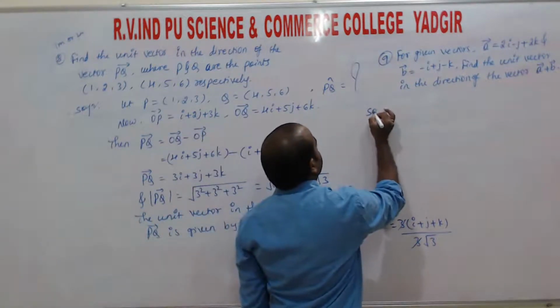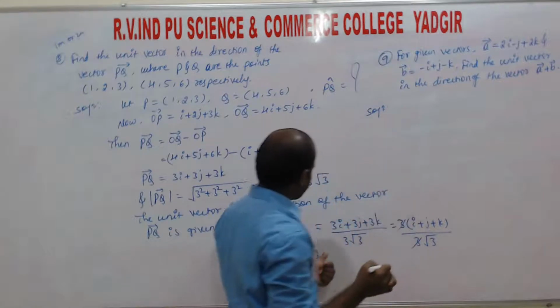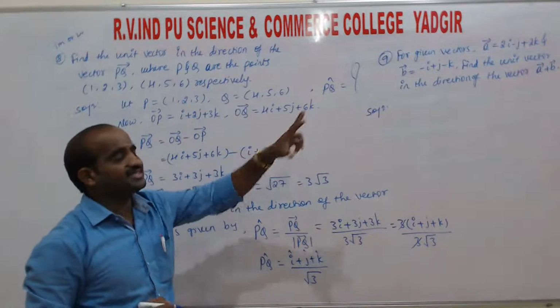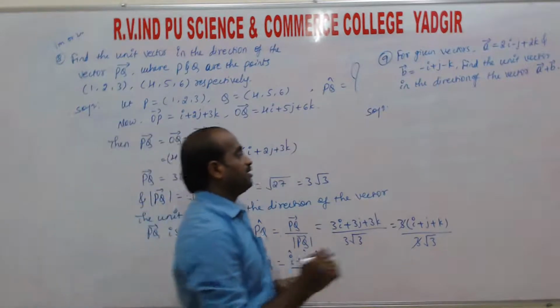This type of question is already over. Same as the previous question, but there the PQ vector was found, and here it is A vector plus B vector.